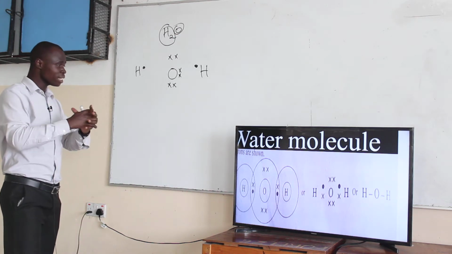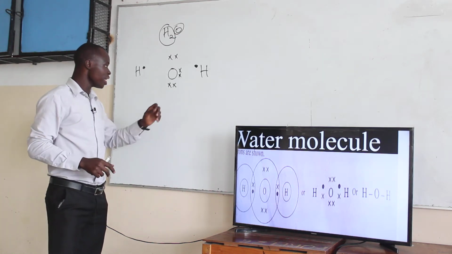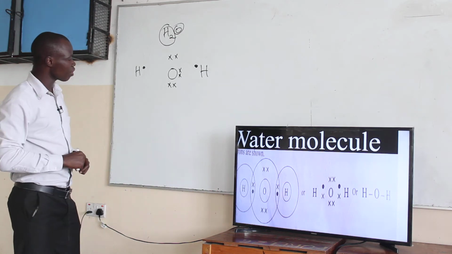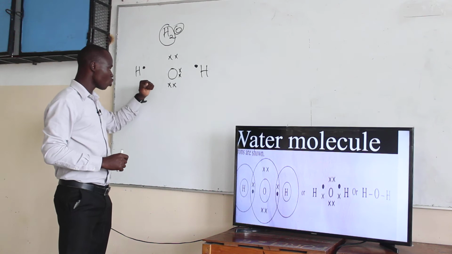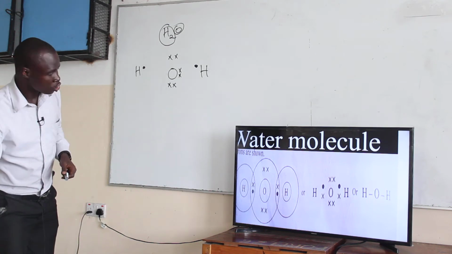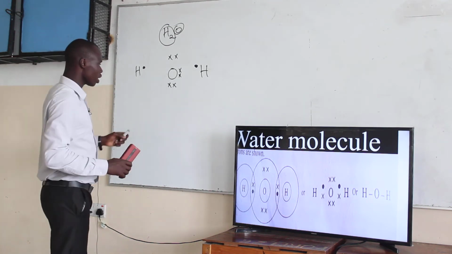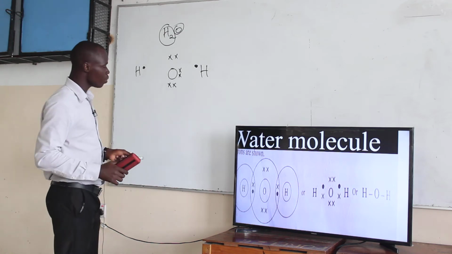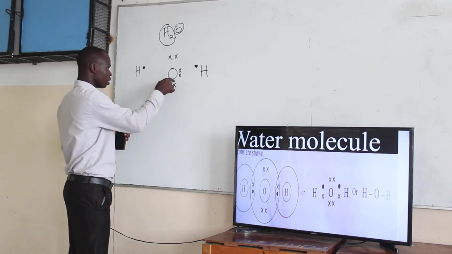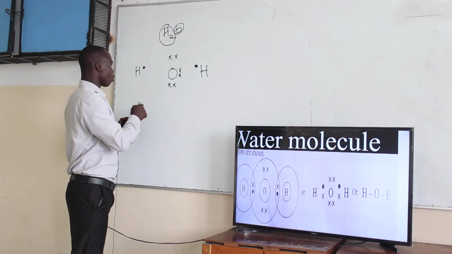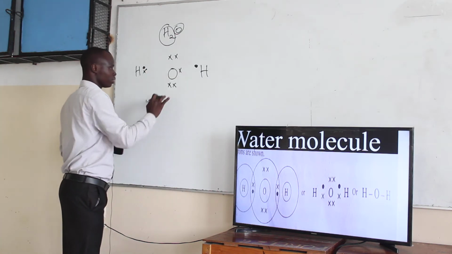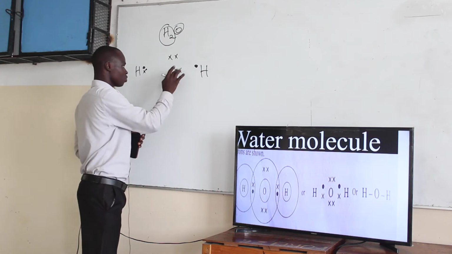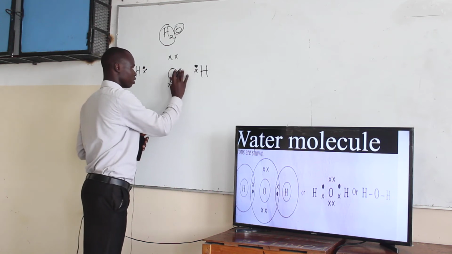And now, being that these are non-metals, there is not going to be complete transfer of electrons, but there's going to be sharing of electrons. So for the stability of hydrogen, it is always easy. You just take 1 oxygen electron from here, you put it here, then that is gone. Then you take this electron here, you put it here.